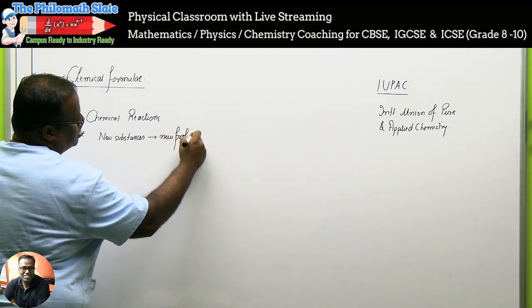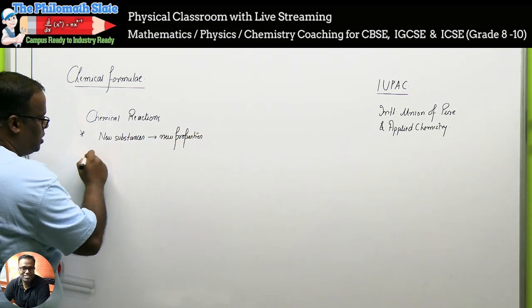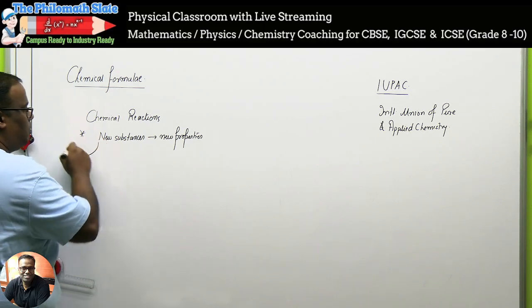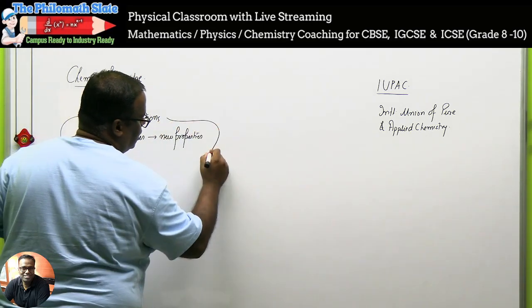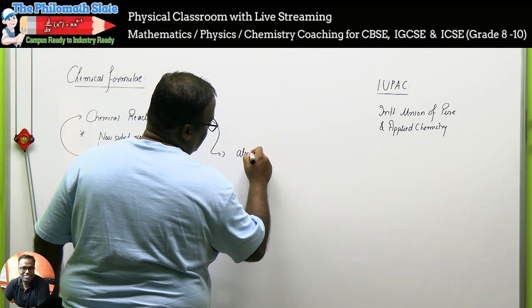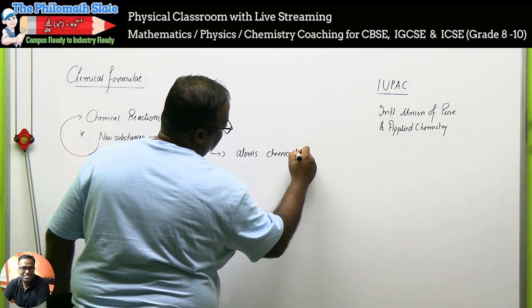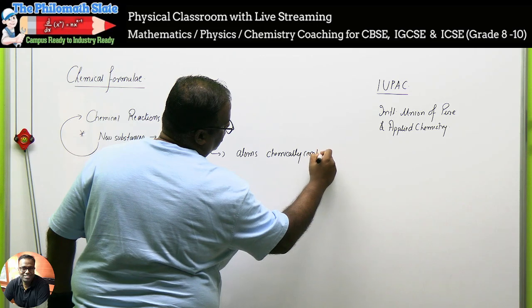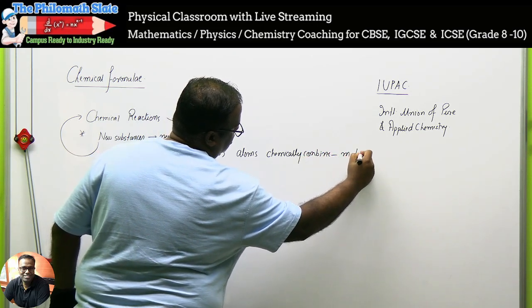New substances get formed with new properties. For this to happen, we should have a chemical reaction. And in a chemical reaction, who all are taking part? We say atoms chemically combine to give you what is known as molecules.